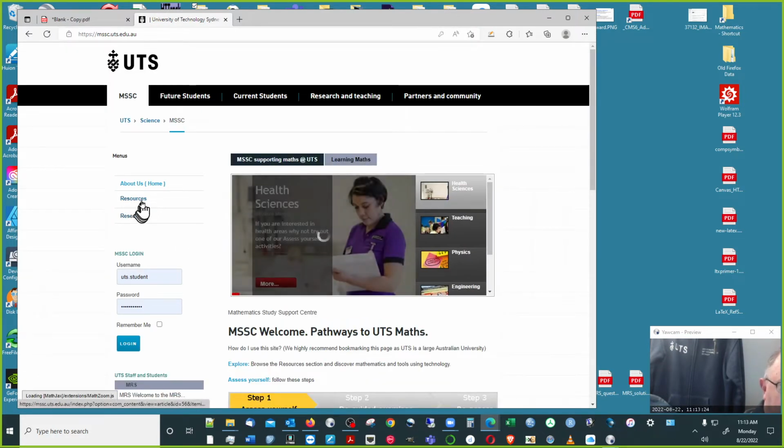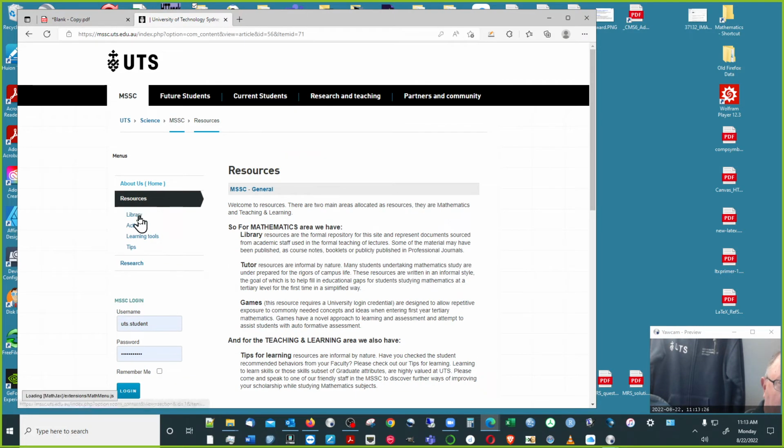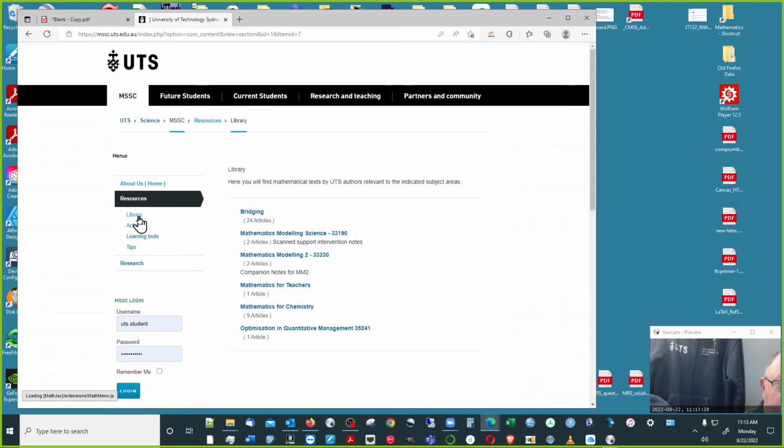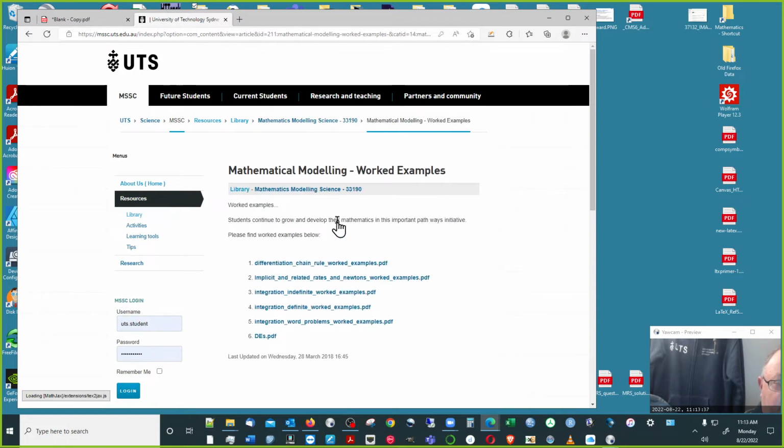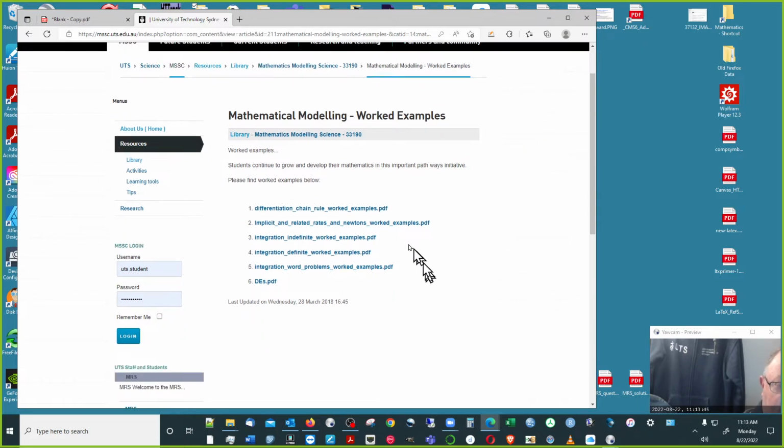Now under resources, library, we've got modelling, worked examples. You can see the chain up here, so you don't need to write me saying where are they. And chain rule worked examples.